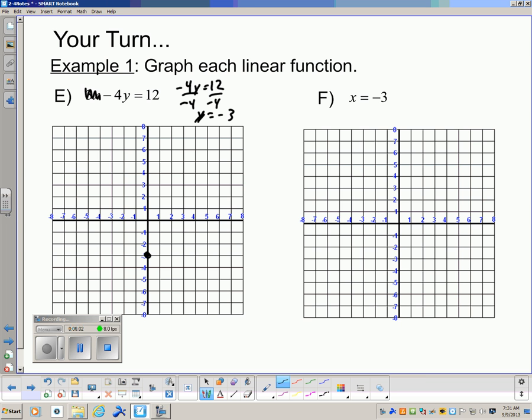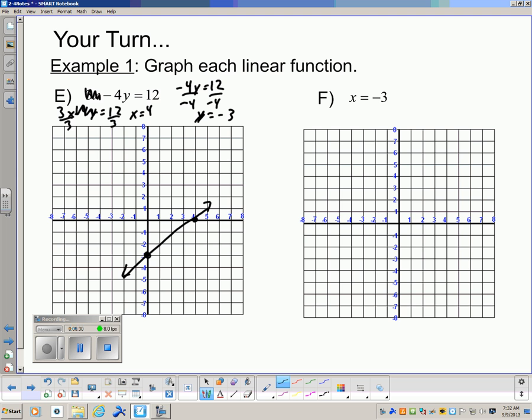And then my x-intercept, I could do the same thing. It was 3x minus 4y equals 12. I could cover up the minus 4y here, divide both by 3, and I get x equals 4. So my x-intercept there is 4. And then I can simply connect those 2 points there. And there I've got my nice linear function.